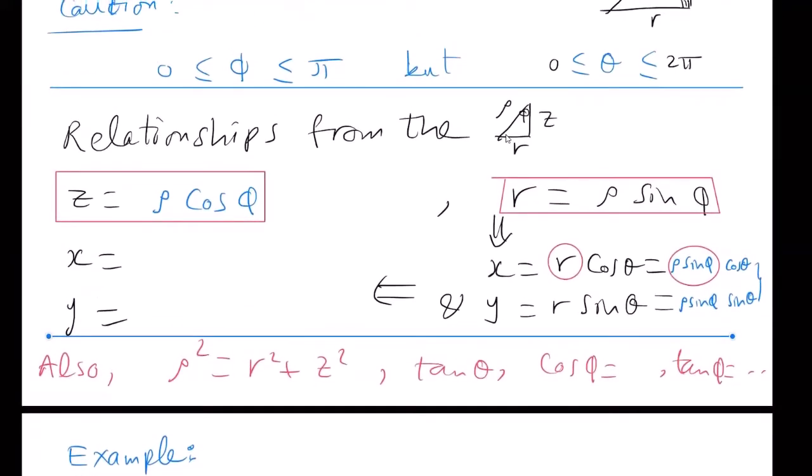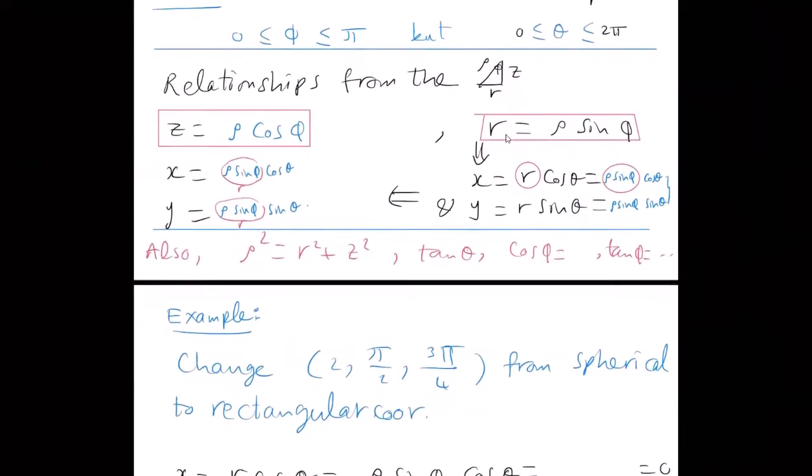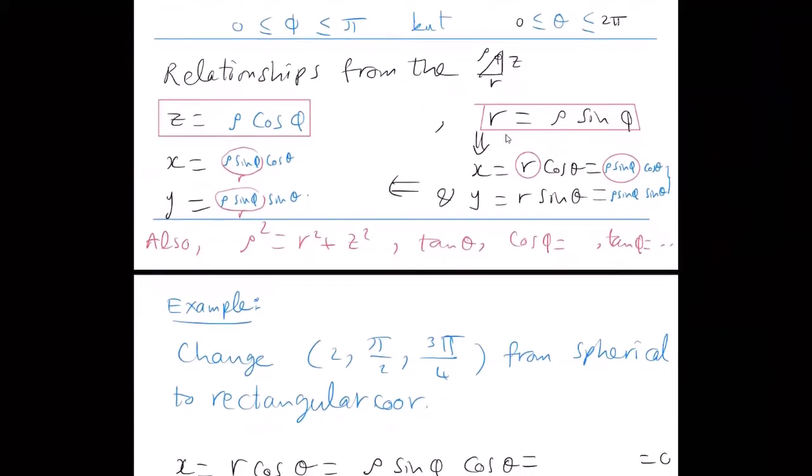So again, z is rho cosine phi, x is rho sine phi cosine theta, y is rho sine phi sine theta. This is what used to be r. R cosine theta and r sine theta, as we are familiar with from polar coordinates and cylindrical coordinates.